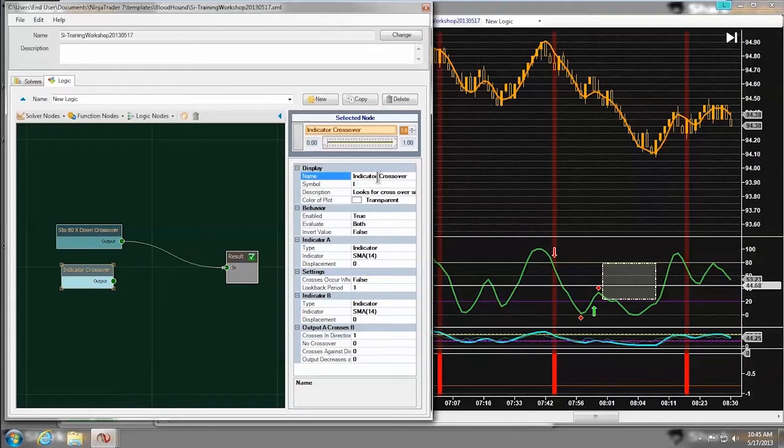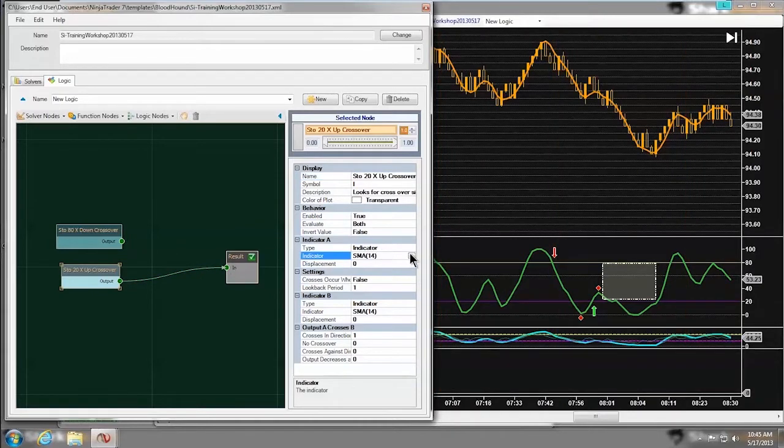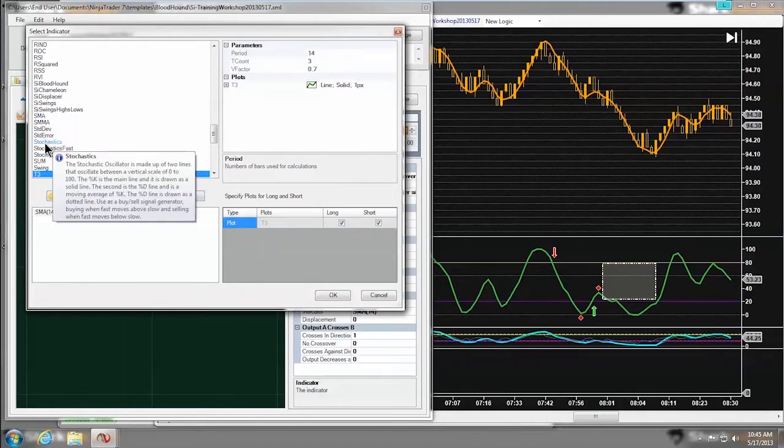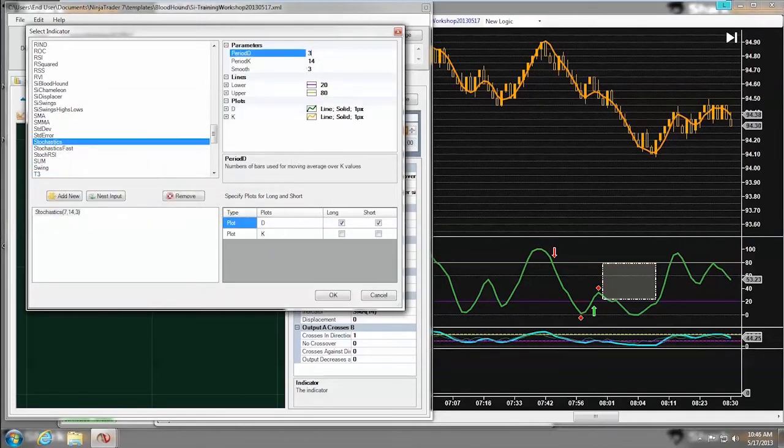All right, so I'll set this one up. And let me connect this in here. And I'll put the stochastics in. And once again, I'm only interested in the D plot.